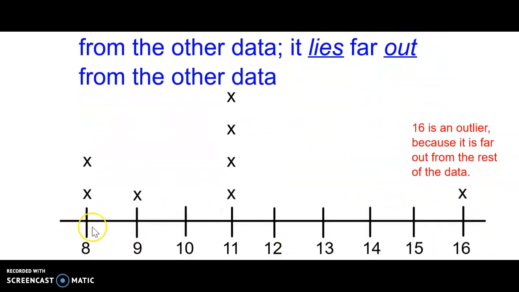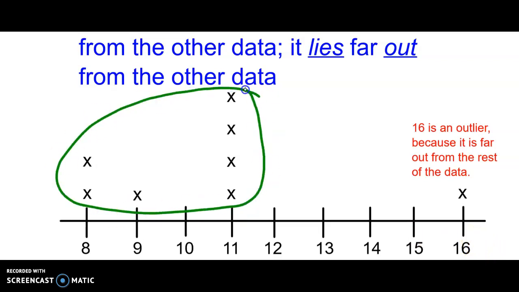Here I have my number line. It's going from 8 to 16, and we see that most of our data is bunched together between 8 and 11. And then way out here, far away from all the rest that's bunched together, we have the number 16. So 16 is an outlier because it's far away from the rest.